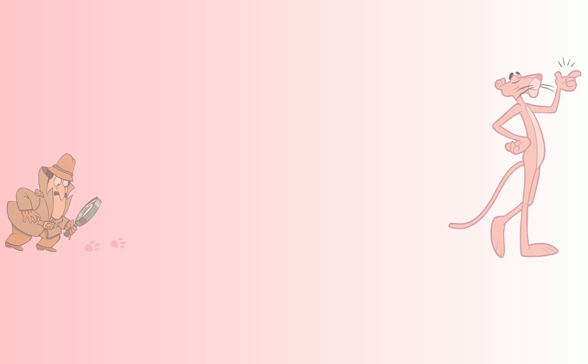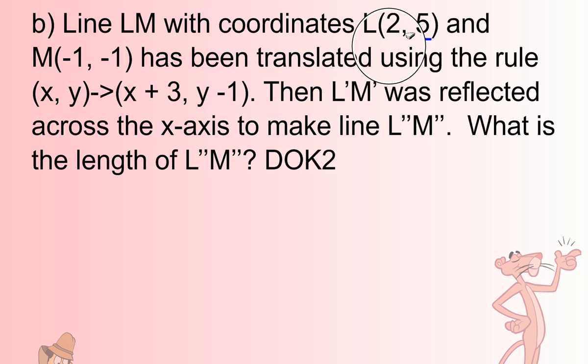Now, the easy way is only the easy way because if you took a step and thought about it first, or if you recognize this fact, no dilation took place. All of those transformations that happened were rigid transformations, which means the length of the original line will be the same length as L double prime M double prime.